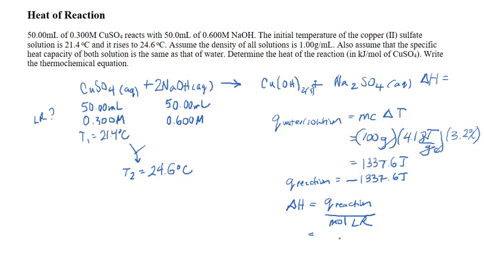And so the moles of our limiting reactant is calculated by n is equal to C times V. We're dealing with a solution, so it's n equals C times V, and our volume needs to be in liters. So we have 0.015.